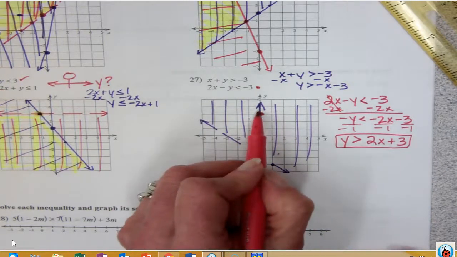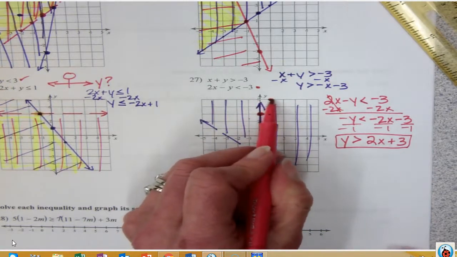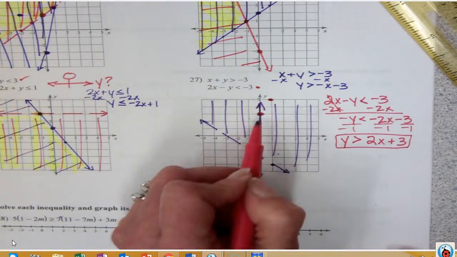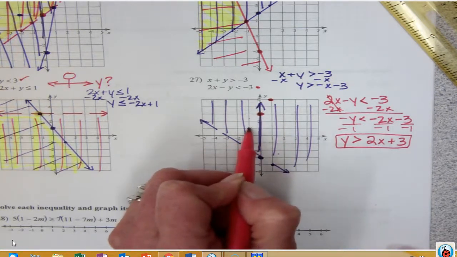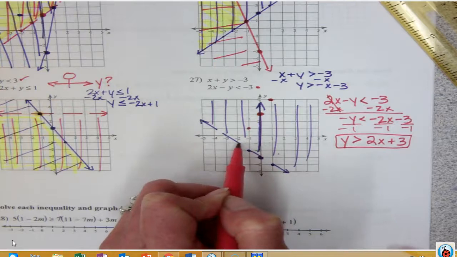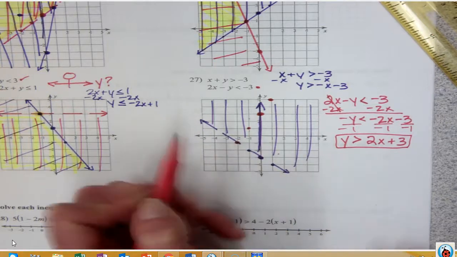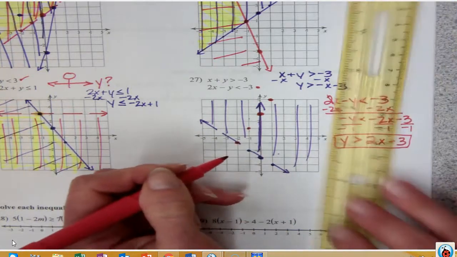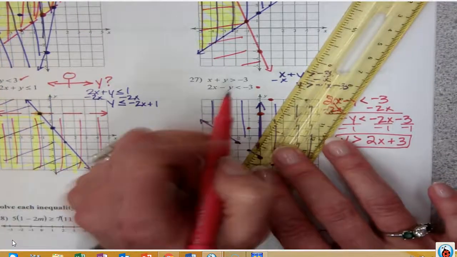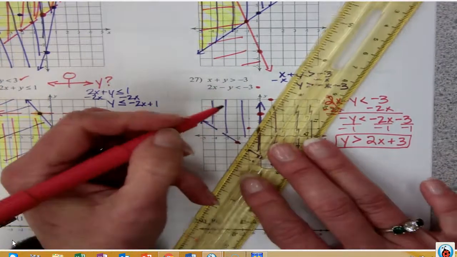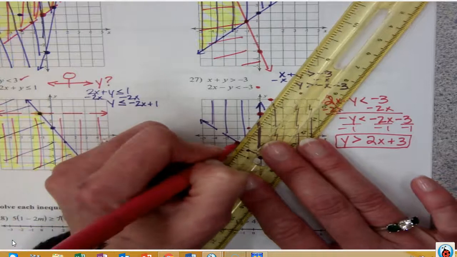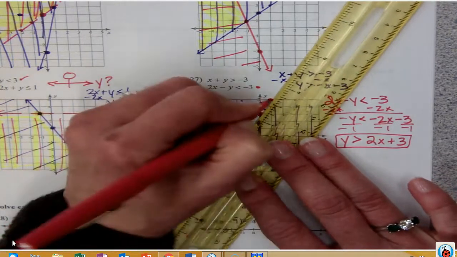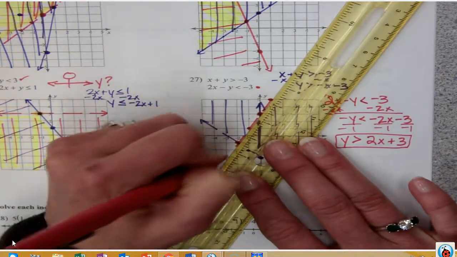My slope is 2 over 1. Positive, positive, or negative, negative. Down negative 2 over negative 1. I can do that because a negative over a negative is a positive. It's going to be a dashed line because it's not equal to, so I'm going to dash my line.